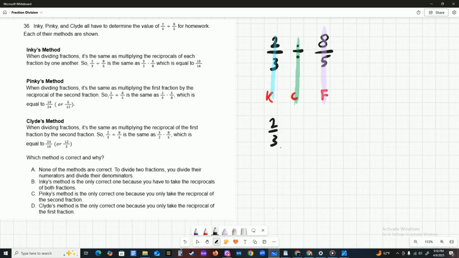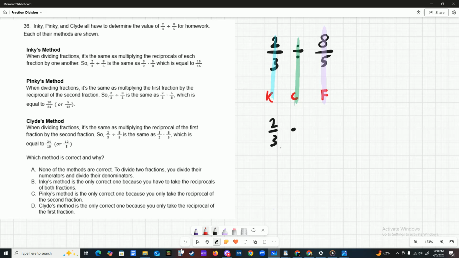So what that means is that we keep the first fraction. We change the symbol from division to its inverse operation. And the inverse operation of division is multiplication. In this case, I'm going to use a dot because I don't want to use the X anymore, the cross. We're going to use a dot, okay? And flip means you flip the second fraction.